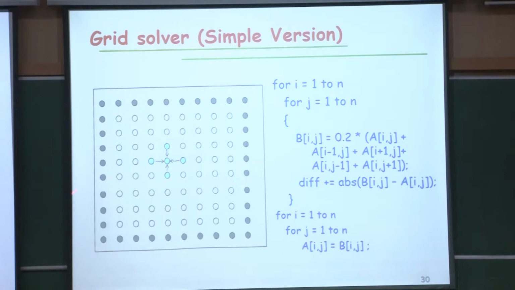I am going to take the old values, the aij values, and compute the bij values. I can do all of these things in parallel. So, in the decomposition step, you basically say that you have n squared parallel subtasks. Each element is a subtask by itself.